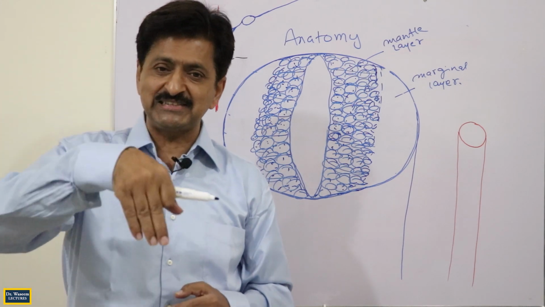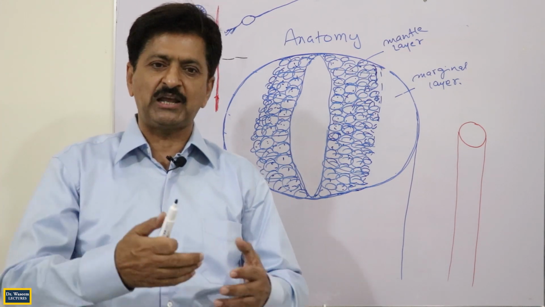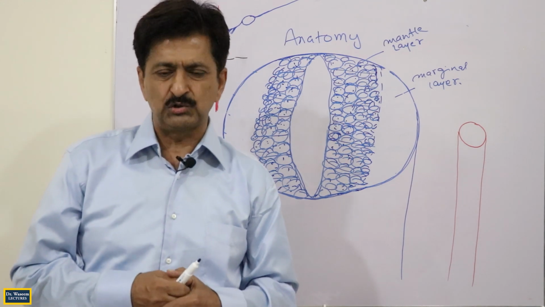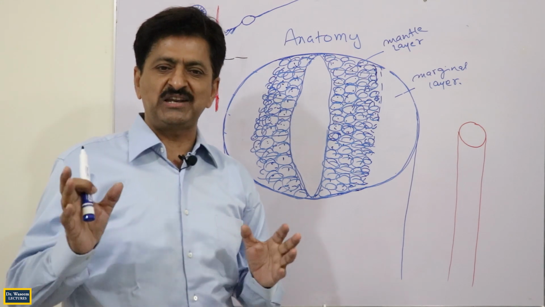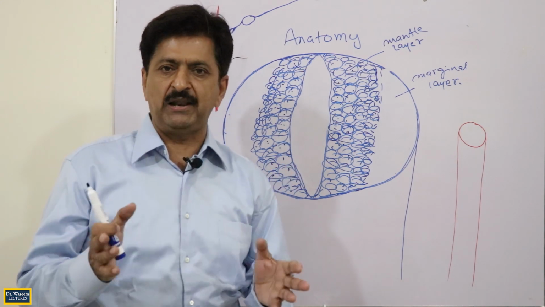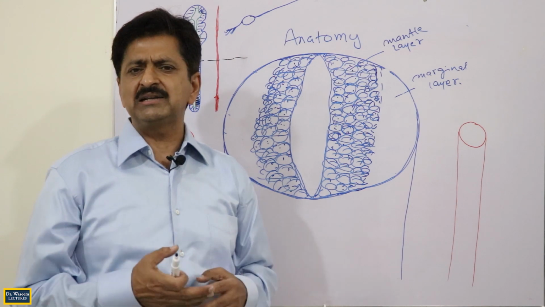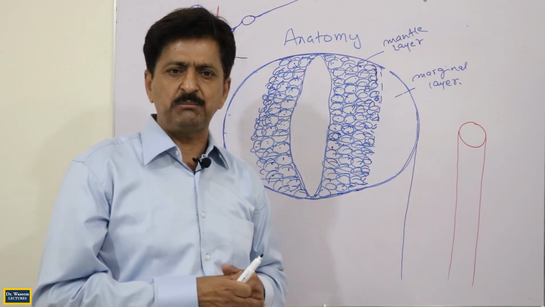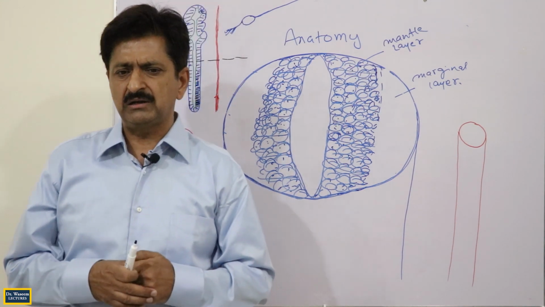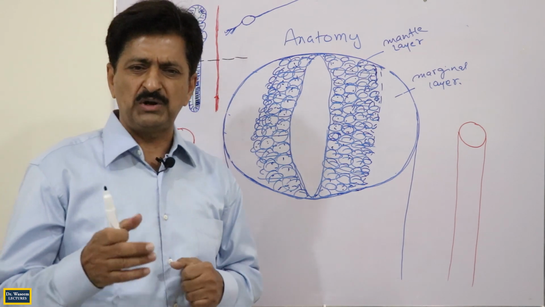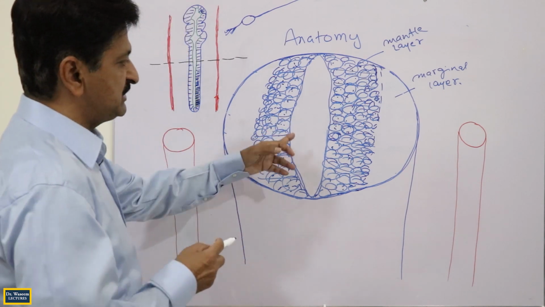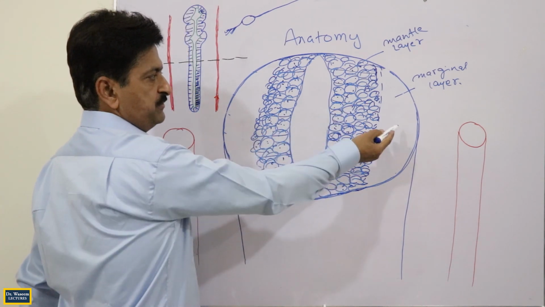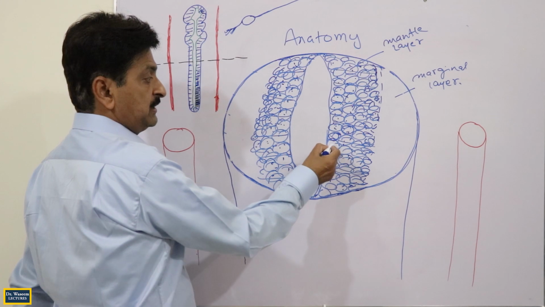Because the white matter is arranged in the center, it can be called the medulla, but usually we do not use the word medulla too often. The white matter of the cerebrum or the cerebellum can be called the medulla of the cerebrum and the medulla of the cerebellum, but we usually avoid using the word medulla for the central white matter. But you see, here is the mantle layer, we have the marginal layer, we have the central canal.